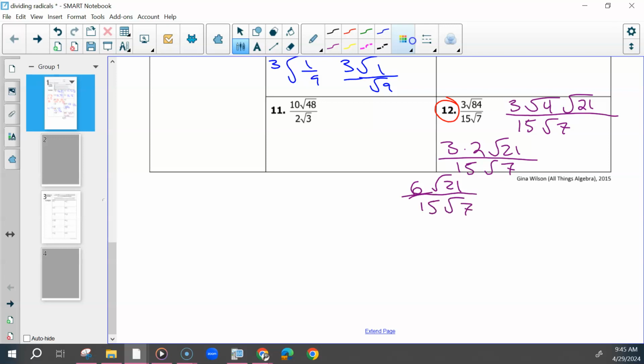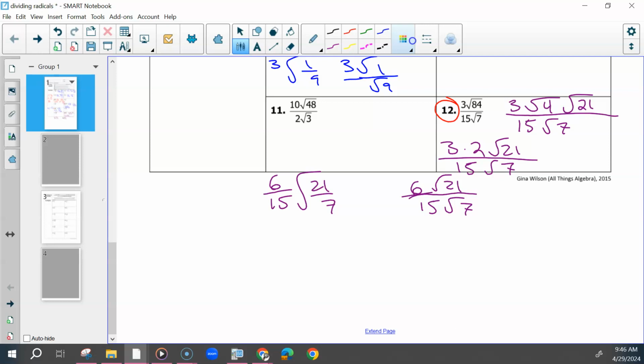So we have a choice again. Do we want to rewrite this as fractions or do we want to rationalize? Rewrite as fraction. Okay. So 6 over 15 times the square root of 21 over 7 would simplify to be what? 3. 3 on the inside.